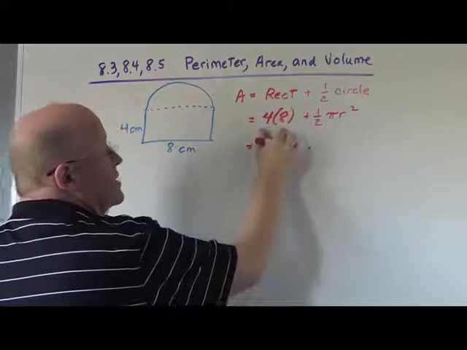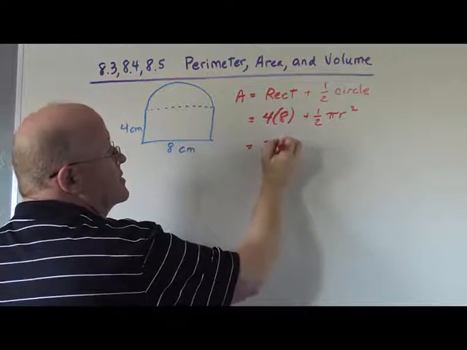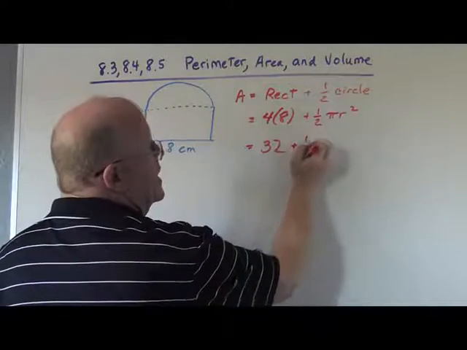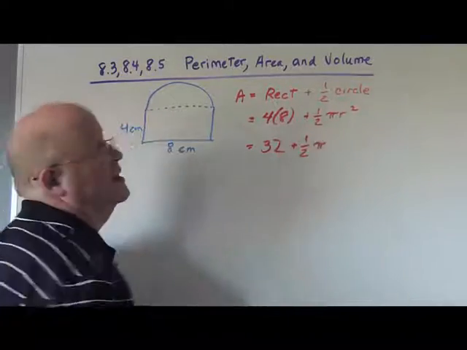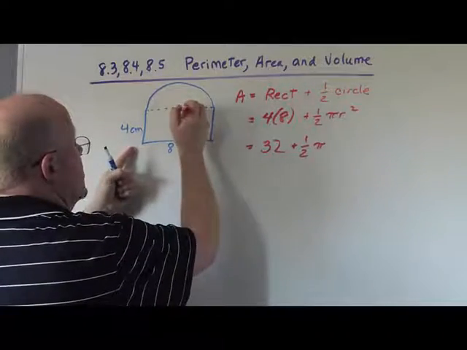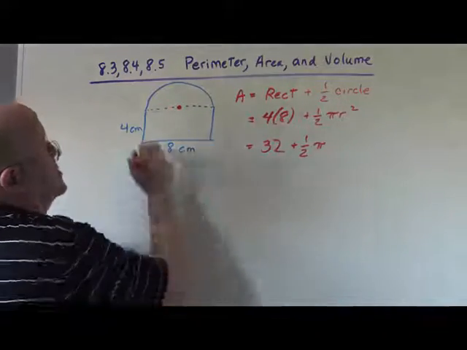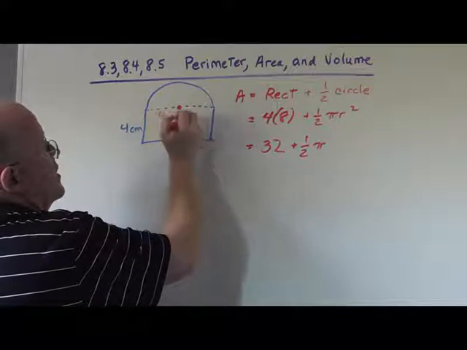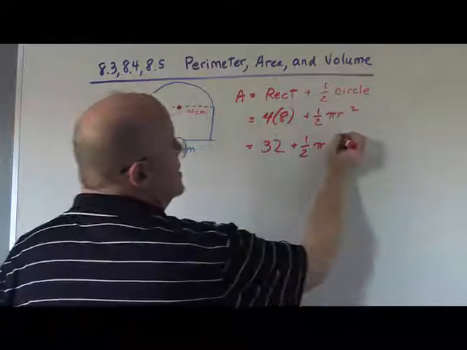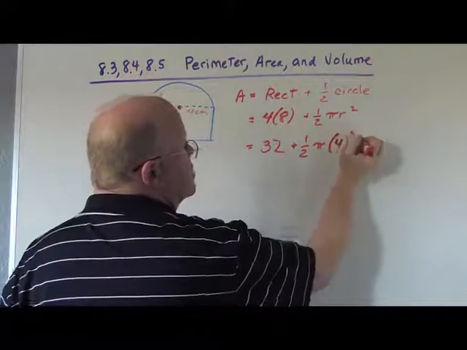So the area of the rectangle, 4 times 8, is going to be 32 square centimeters, plus 1/2 pi times r squared. Well, if it's 8 units all the way across, I can split that up, put my center right there, and know I've got a radius of 4 centimeters. So I'm going to have 4 squared.